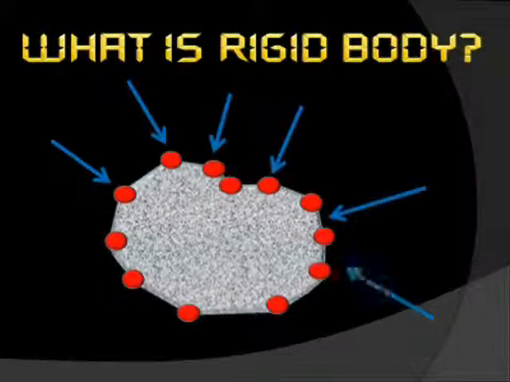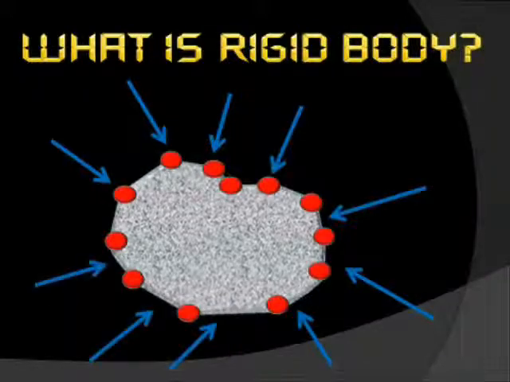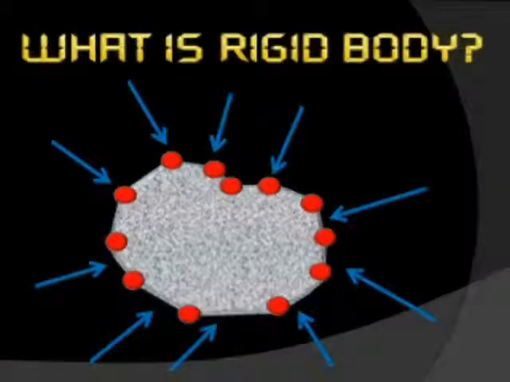The blue lines indicate the external forces acting on the points or the surface of the rigid body. Now, the simple rule is that something can be considered a rigid body if the points on the surface don't move even when some external forces are applied on them.